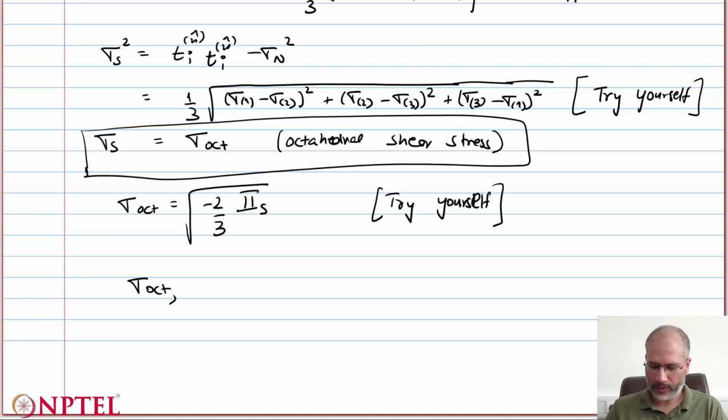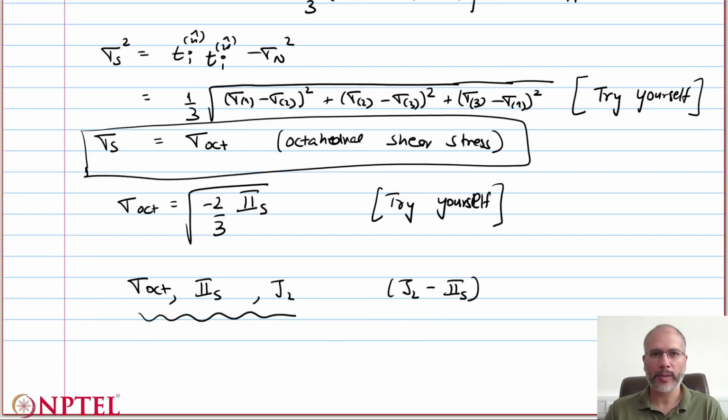So since sigma octahedral, or the second invariant of the deviatoric part S, sometimes also called J2, where J2 is just the negative of the second invariant of S, they're all used in situations where we talk about yielding happening or not. In our research group, we work with snow avalanche dynamics, and snow avalanches, which are complex fluids flowing down the slope of a mountain, behave very much like complex fluids, and a mass of snow under a small shear would stay as a solid.